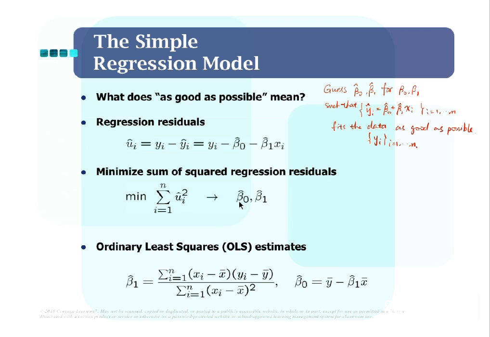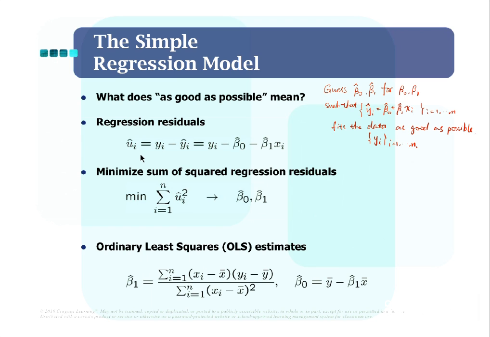Okay? So we basically choose these two values to minimize this quantity. This measures the deviation of the observed y and the fitted y, right? The y that we construct with our estimate. So we want this residual as small as possible. That is what we mean by as good as possible.